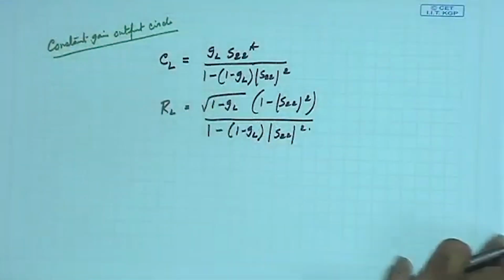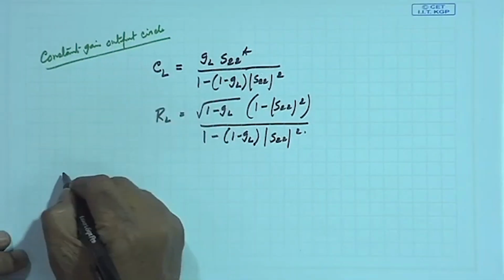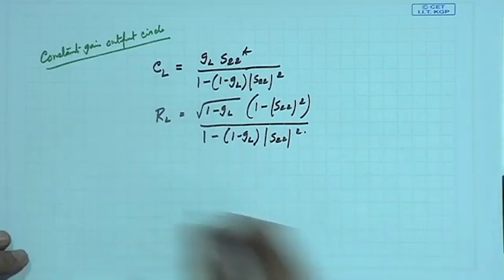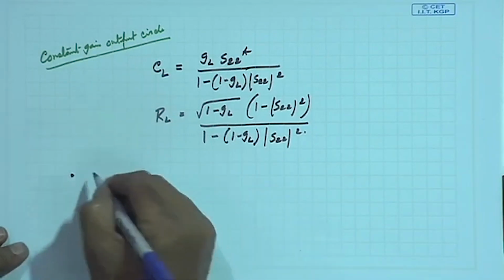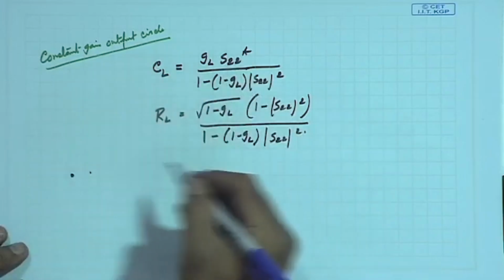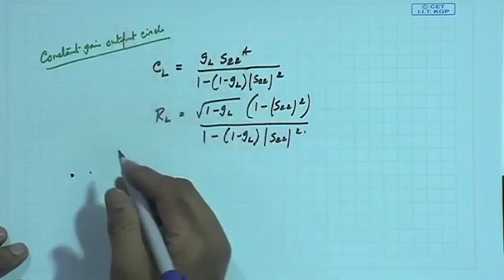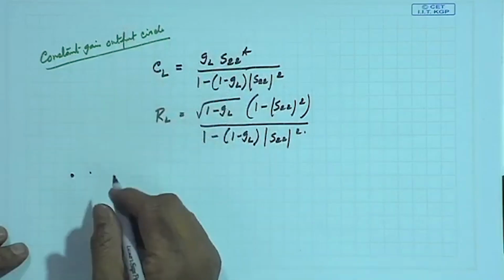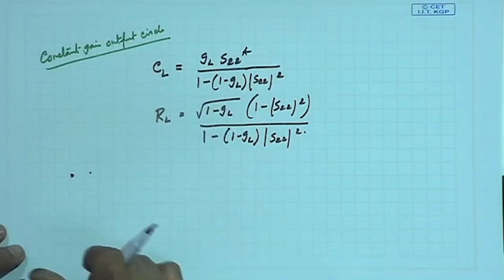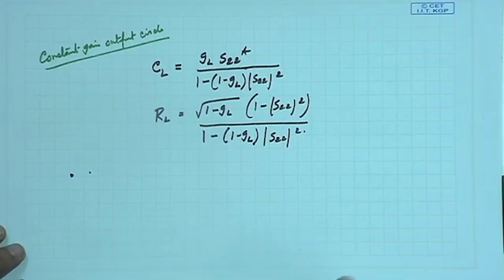But here let us see these two, this constant gain input circle and constant gain output circle, there are some points that need to be underscored. For various values of given gains, I can have various circles, because as I said, suppose I decide the input side, I am not sure whether to take 1 dB or 2 dB or 0 dB or minus 1 dB, which gain I will take.